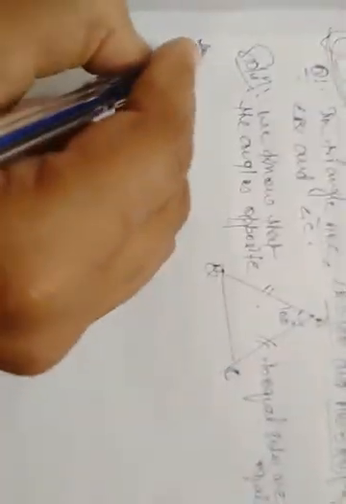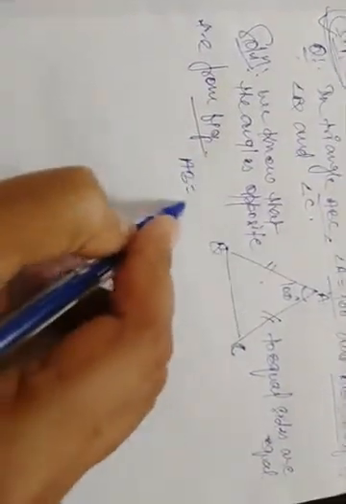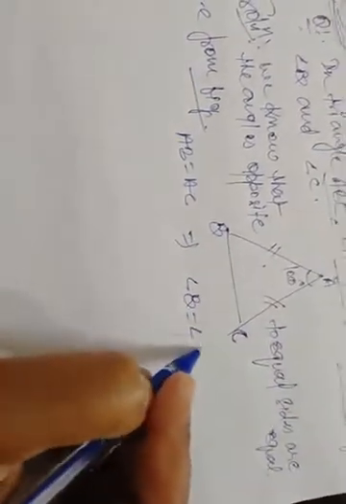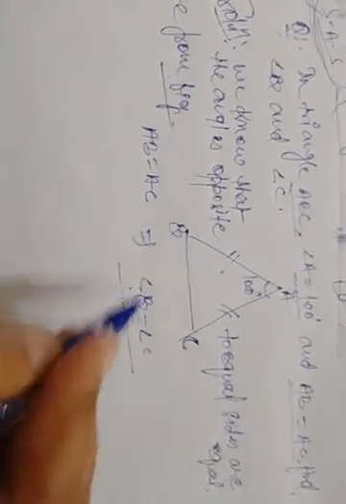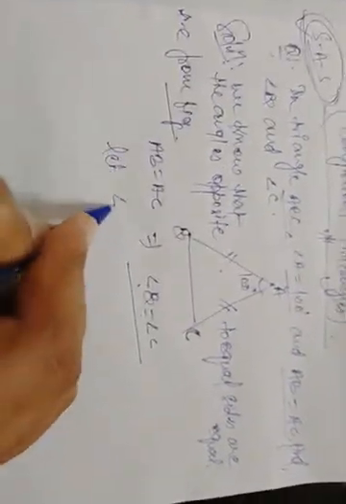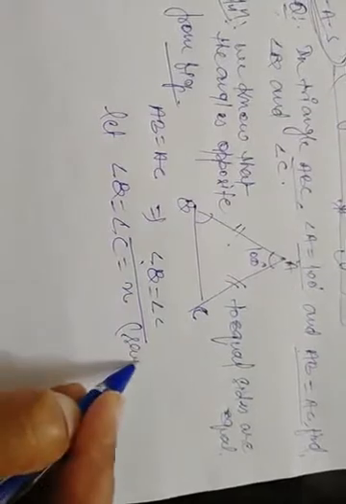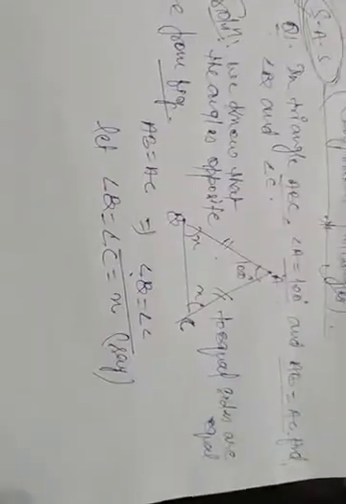That is, from the figure, the side AB is equal to the side AC. This implies that angle B is equal to angle C. Let angle B equal angle C equal x, so both are equal to x.